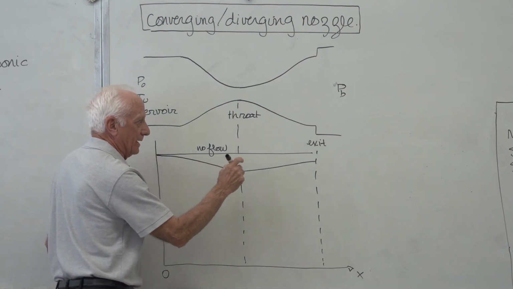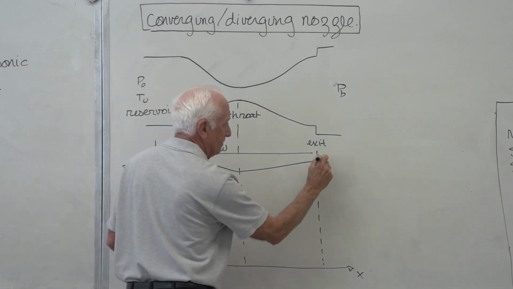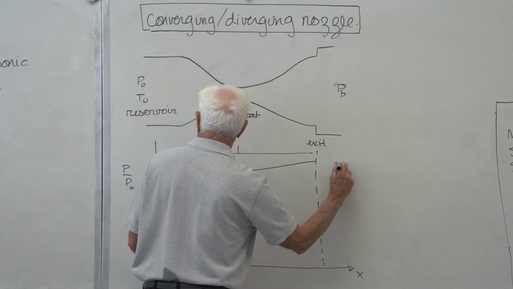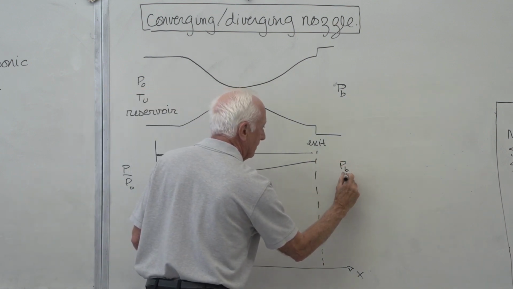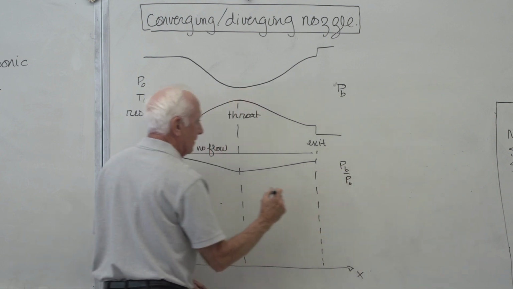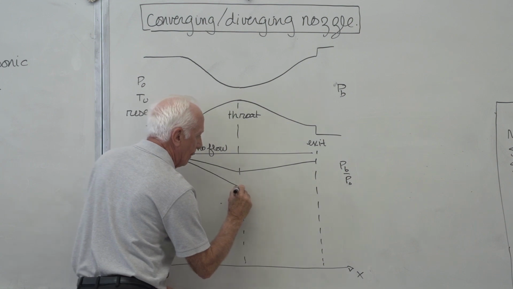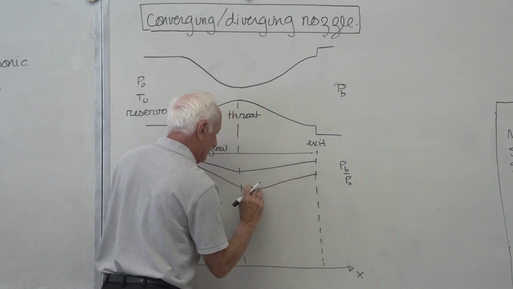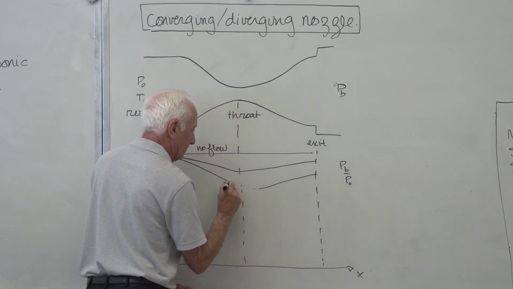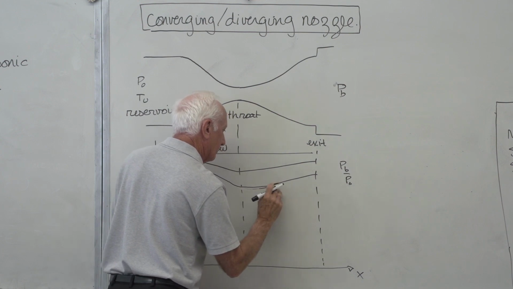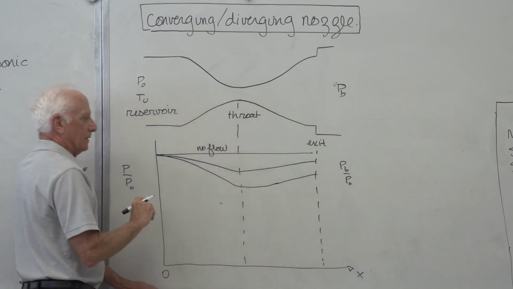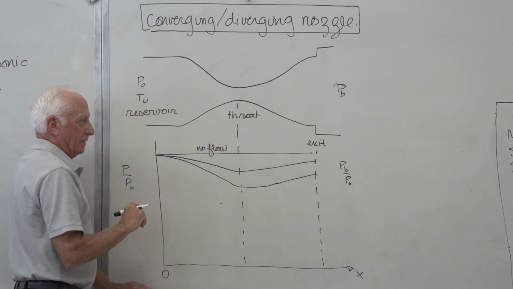You lower the back pressure still more. This is the back pressure out here now, P back over P0. You lower the back pressure, and it comes down here and goes up here like that. More flow.